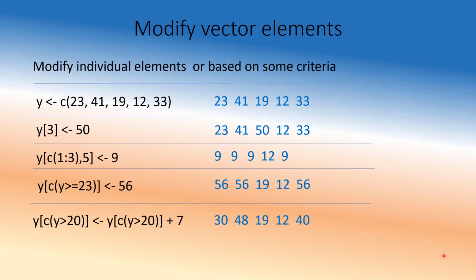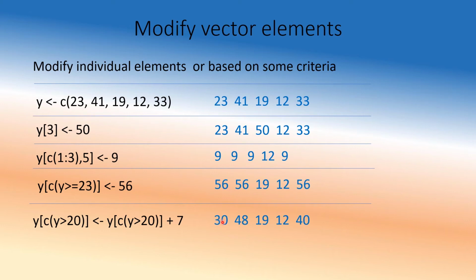It's quite obvious. In this case, we change the third element to 50. Here, first, second, third, and fifth become 9 right there. In this case, anything more than 23 becomes 56.